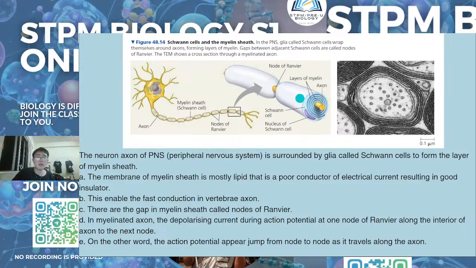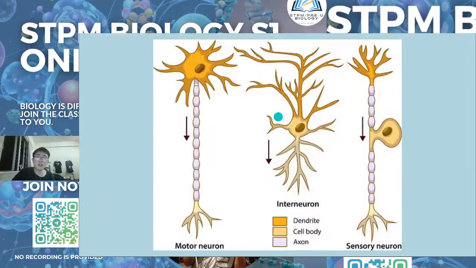Because of these two structures, we can transmit our nerve impulse faster. If the neuron cell does not contain any myelin sheath, the transmission of nerve impulse is very slow.